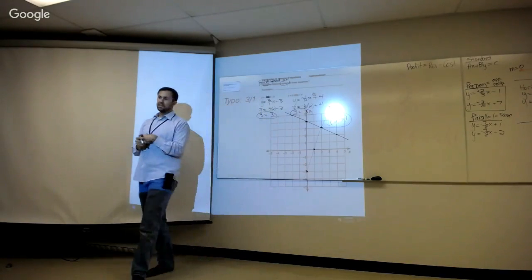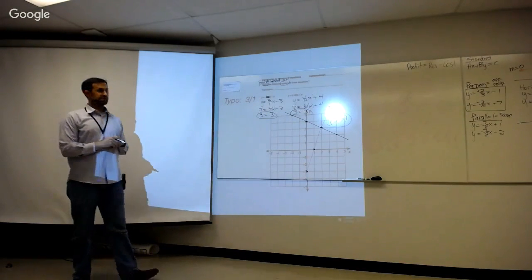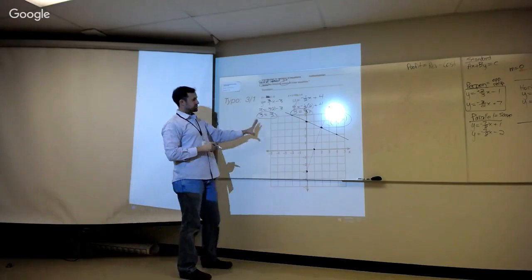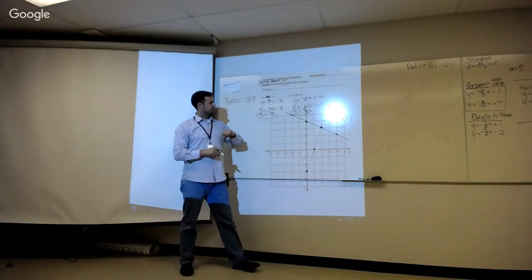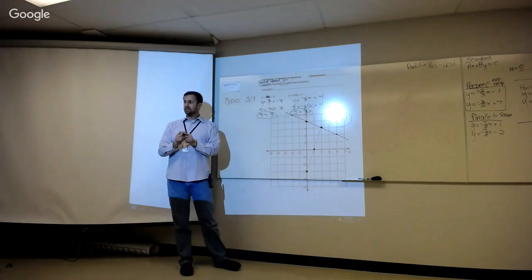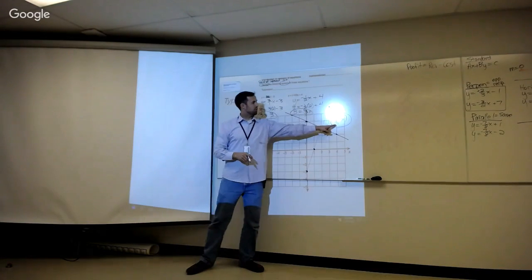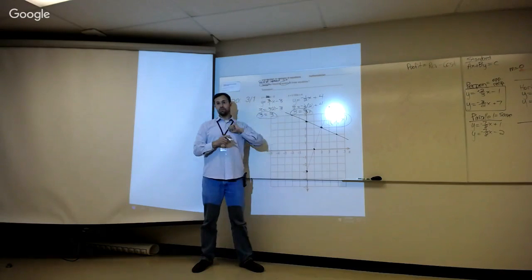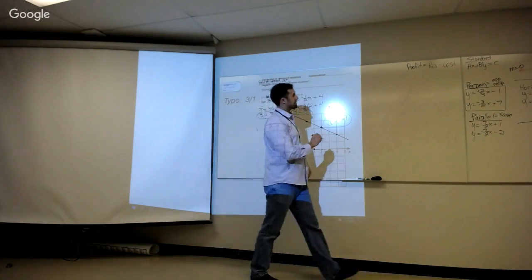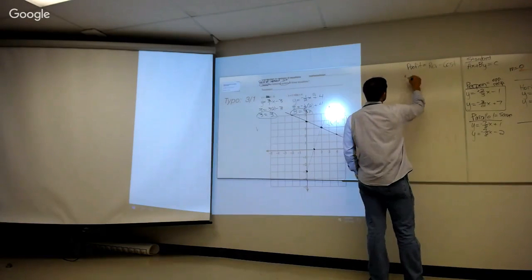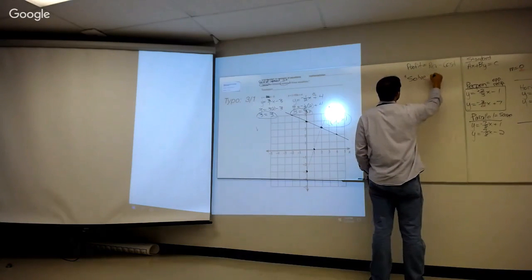So that's our mathematical definition, okay? The visual definition of a solution of a system of equations is the point of intersection. The mathematical definition of a solution of a system of equations is the coordinate that makes both equations true. So you might want to write that down. Solve a system.